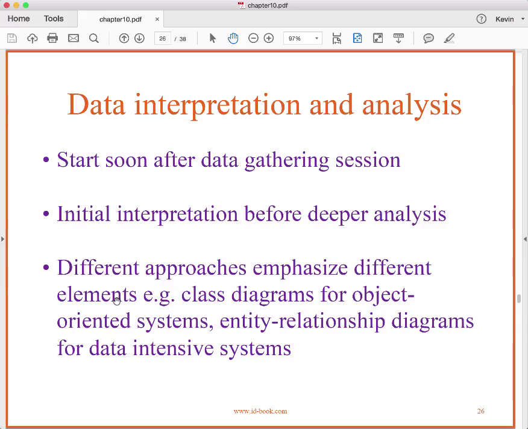Different approaches emphasize different elements of the problem. So you can have class diagrams, entity relationship diagrams. Typically, for my systems analysis students, I have them begin with use cases, which we're going to talk about in a little bit, that describe how the users use the system. So I have them create use case diagrams.